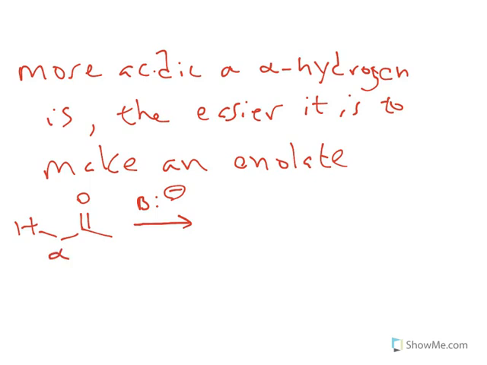I'm going to remove the hydrogen from the alpha and put a double bond between the alpha carbon and the carbonyl carbon, and remove the double bond from the carbon-oxygen bond. So what I get here is the following.